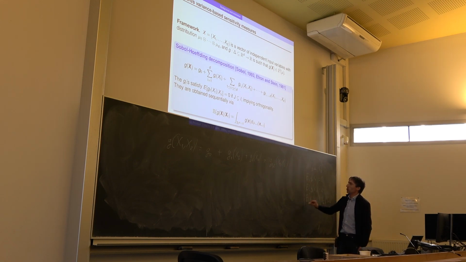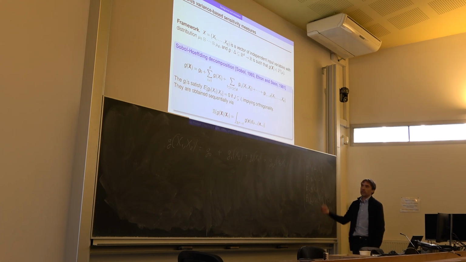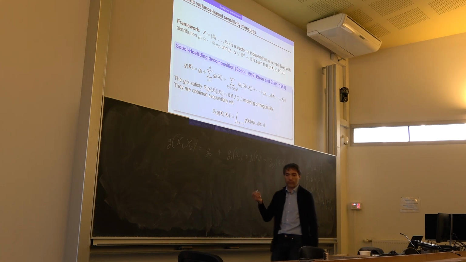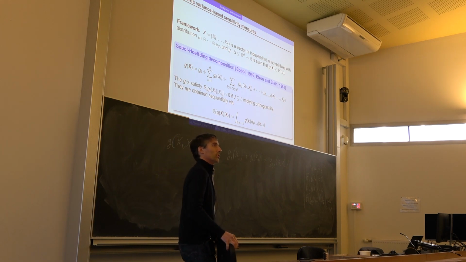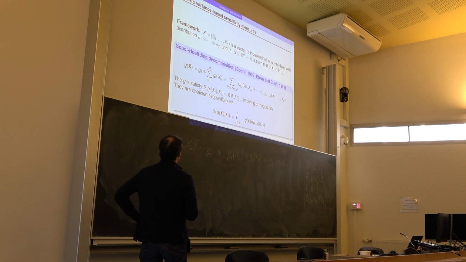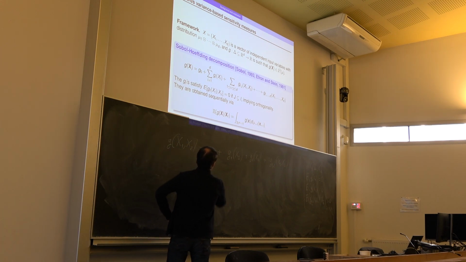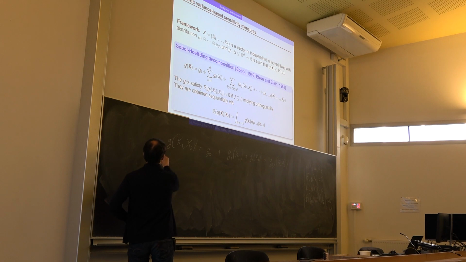Now imagine that you search for this decomposition with these assumptions. Then it's easy to find explicitly what the terms can be. Indeed, if you want to find first g0, what we can write is to compute the expectation.